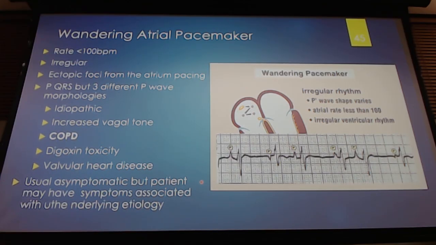We have 3 or more foci from the atria that are trying to pace the heart. Okay, so we have ectopic foci from 3 or different origins in the atria that are trying to pace the atria. So if we have an irregular rhythm, we have 3 or more foci in the atria that are trying to pace the atria.